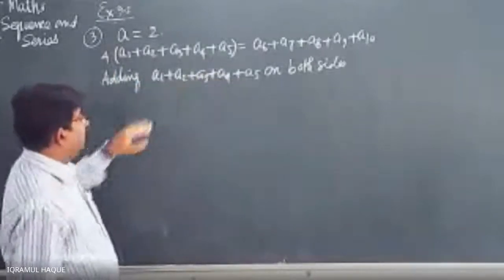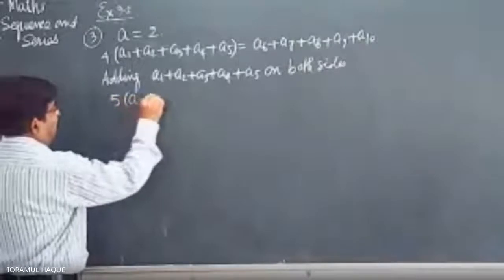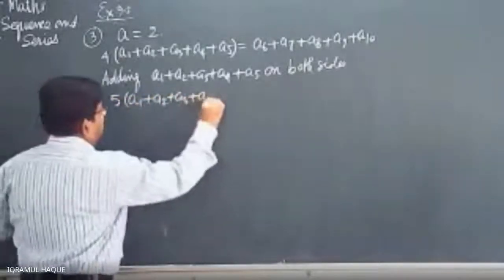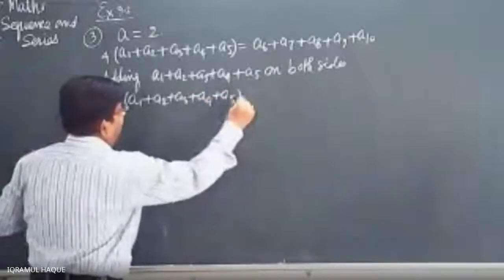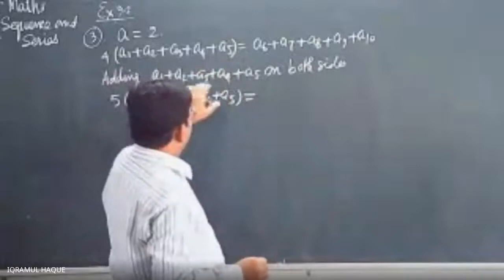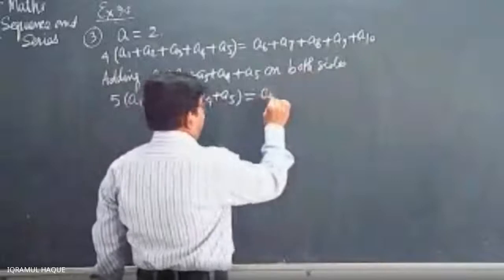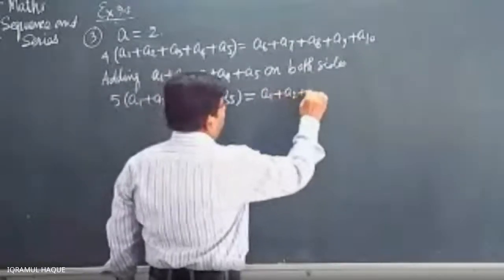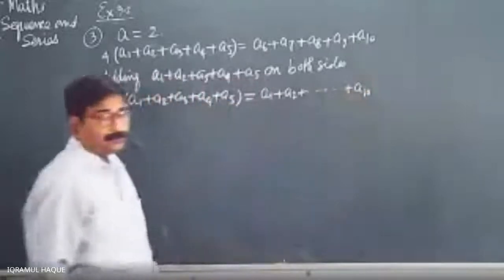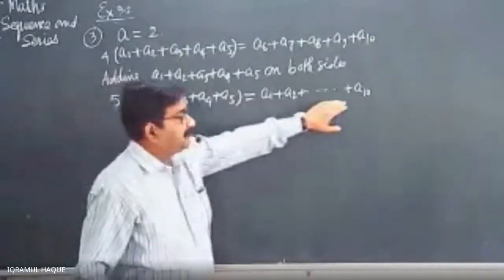One more time if you add, so we have this side 5 times of A1 plus A2 plus A3 plus A4 plus A5. And in right side, it becomes from very beginning A1 to A5 and then A6 to A10. So this is A1 plus A2 plus so on plus A10. Last term. So this is sum of 5 terms. This one is sum of 10 terms.